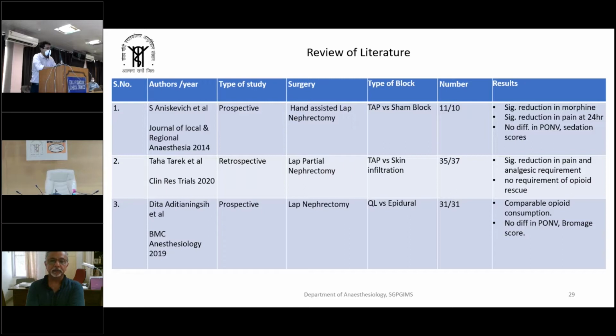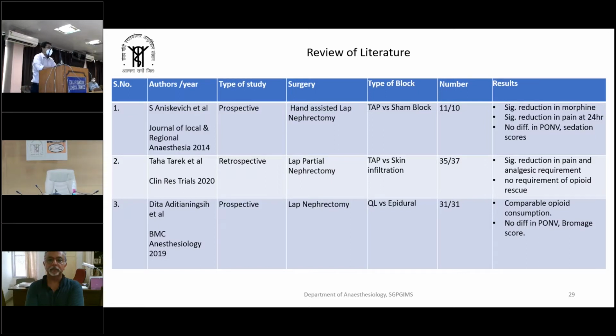According to another retrospective study published in Clinical Research Trials in February 2020, they compared TAP block versus local skin infiltration in patients undergoing laparoscopic partial nephrectomy. They found there is significant reduction in pain and analgesic requirements in the TAP group, and there is no requirement of opioid rescue.